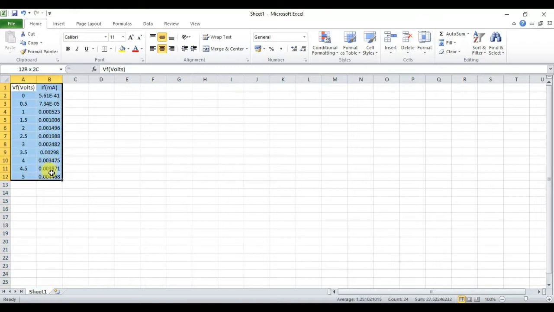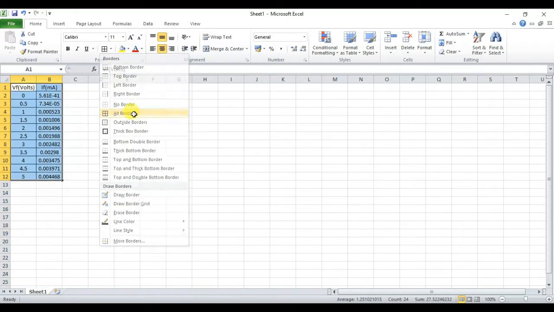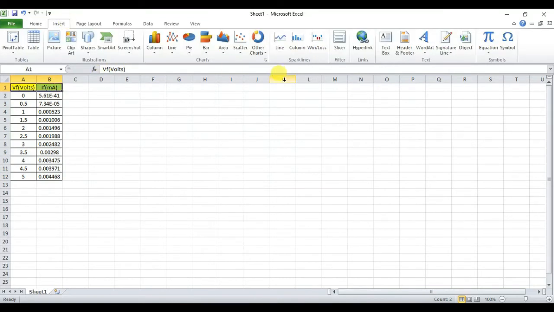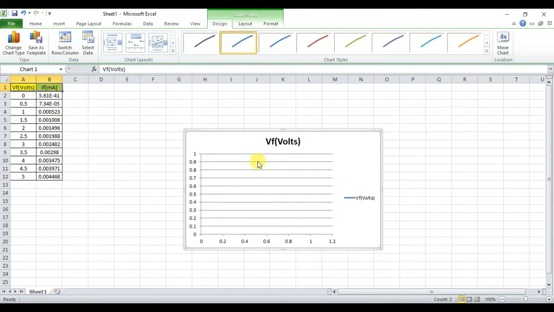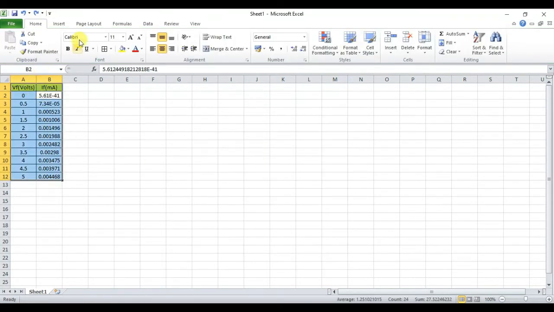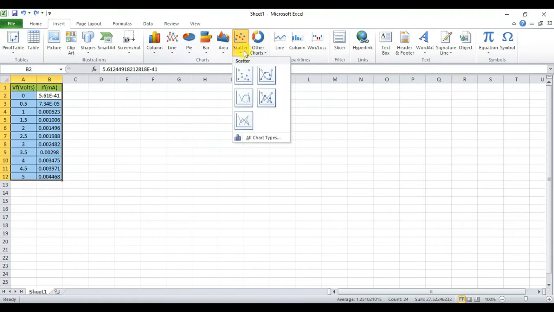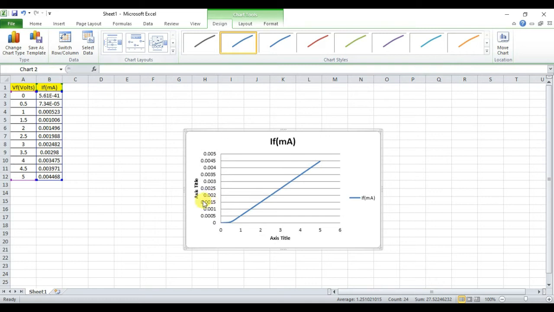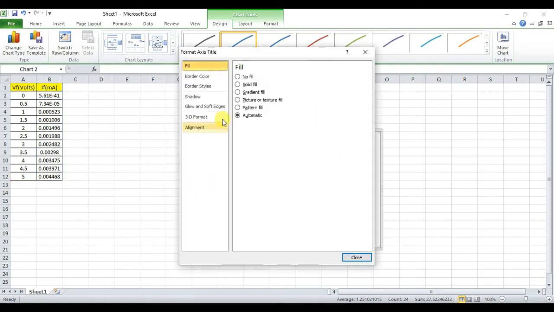If you want to draw the graph, these are the forward characteristics of the Zener diode. Here we can change the titles as per our requirement.